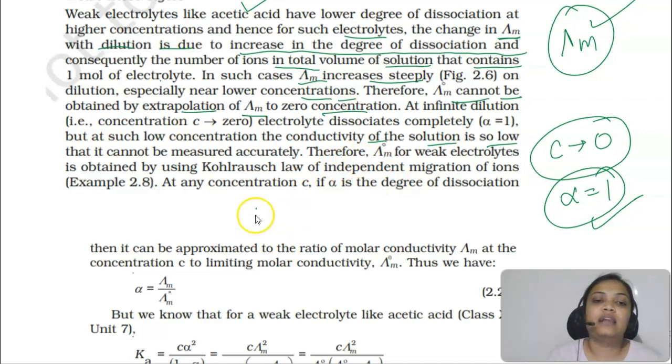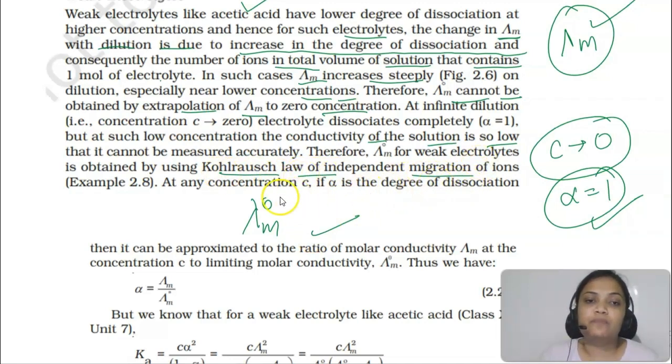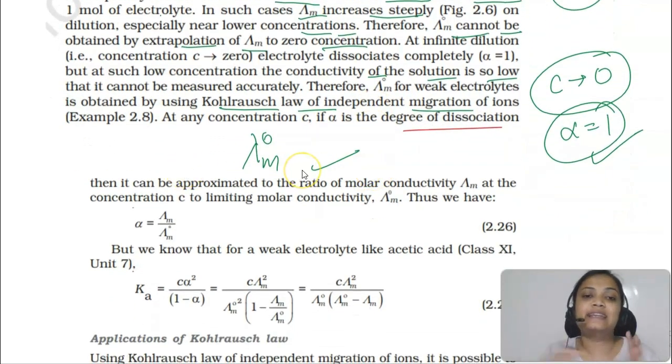So the limiting molar conductivity lambda m naught for weak electrolytes we can obtain using Kohlrausch's law. At any concentration, students, if alpha is the degree of dissociation, then it can be approximated as the ratio of molar conductivity to the limiting molar conductivity.